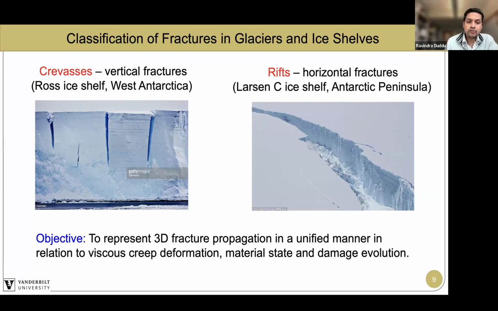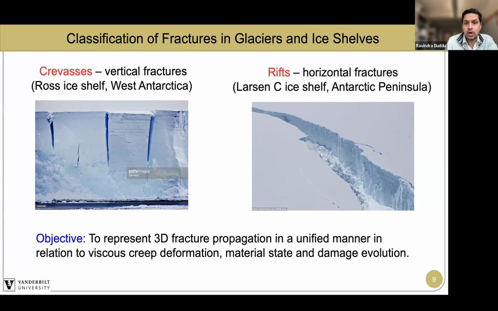So the objective of my work has been that how about we represent fracture propagation as a unified three-dimensional process related to the creep deformation, not just the elastic stress state, the current material state, and then propose it as an evolution problem, a dynamic evolution problem, so that we get from small fractures to large fractures in the time evolution, and not just in terms of linear elastic fracture mechanics or zero stress, where there is no time in those models.